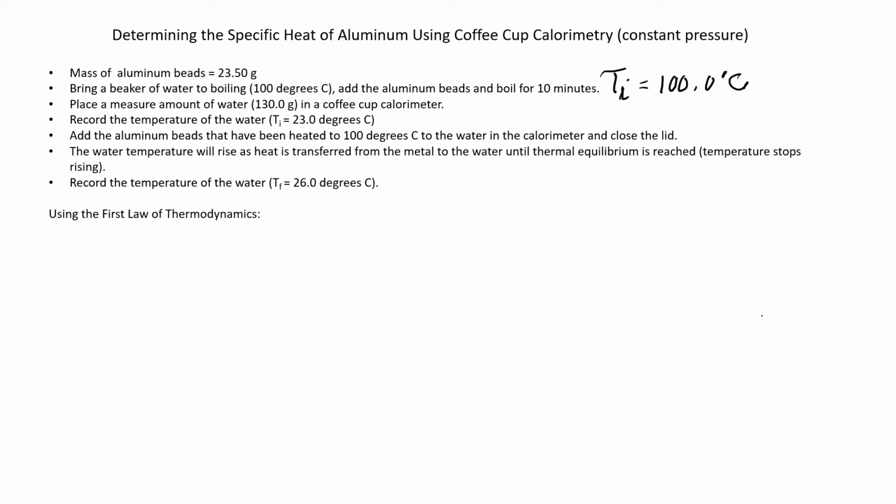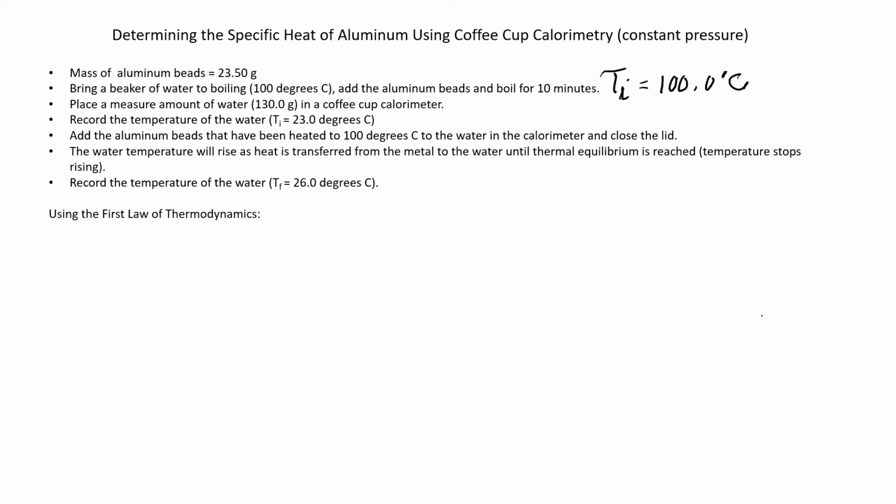While that's working, we're going to place a measured amount of water in a coffee cup calorimeter. And the volume that we put in this calorimeter had a mass of 130.0 grams. And we take the temperature of that water. So this is T initial of the water, and that was 23.0 degrees Celsius.